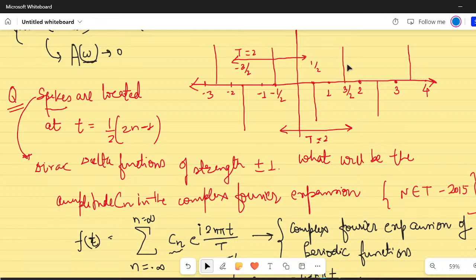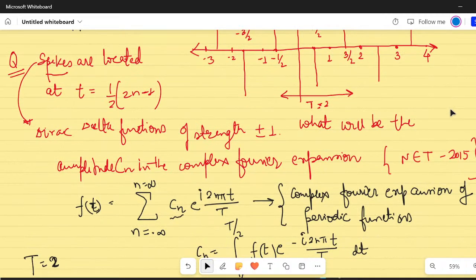At t equals 3 by 2, you have a Dirac delta function of positive strength 1. At t equals 5 by 2, you again have a negative one. So alternately the function has a spiky behavior, with Dirac delta functions of alternate signs. So one has to see how to write the expression itself.